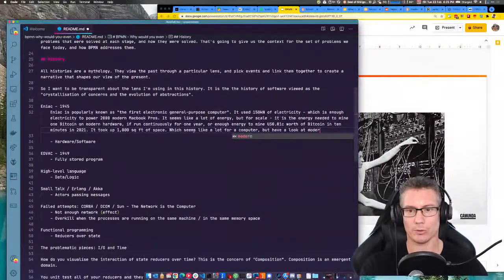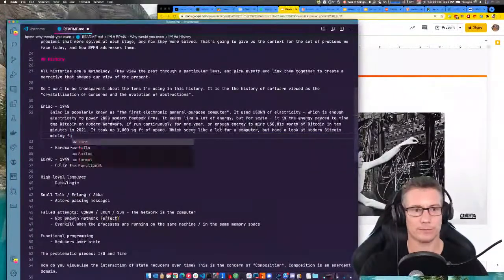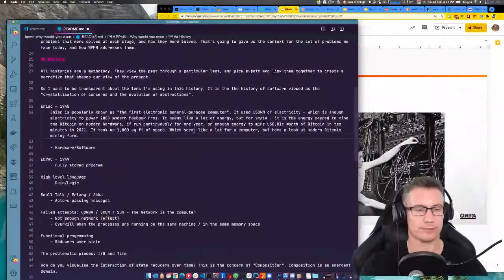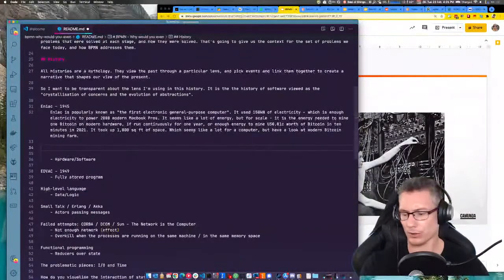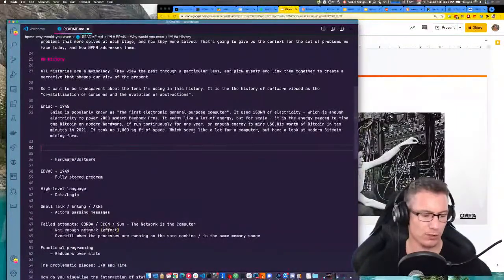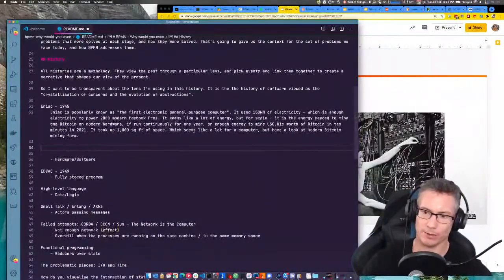But have a look at a modern Bitcoin mining farm. So that's the next slide. Okay, so the Bitcoin mining farm, and then we come back to this ENIAC thing.